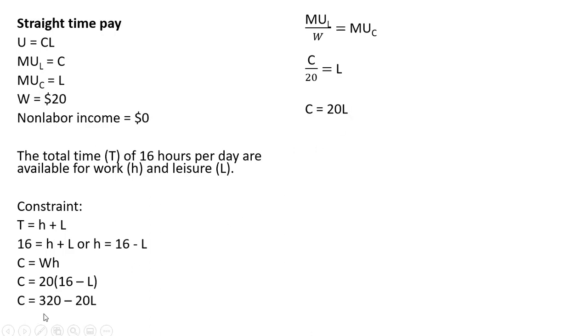This 20L will be set equal to this 320 minus 20L. And now we're going to solve for L, adding 20L to both sides and dividing through by 40.